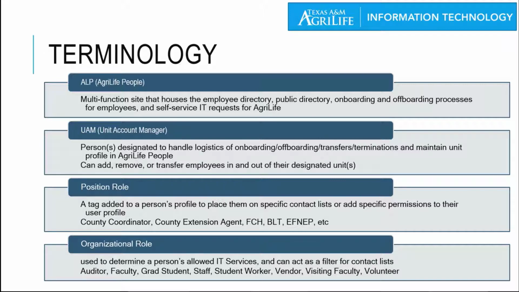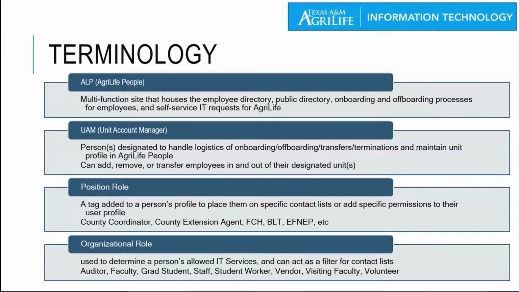And when they're onboarding or transferring, a UAM will often add what is called a position role or an organizational role to a user's profile. These roles kind of act as tags, and they can place people in different groups that can be used for contact lists, as well as sometimes grant special permissions. Or in the case of the organizational role, they can be used to determine what IT services a person will be able to request.